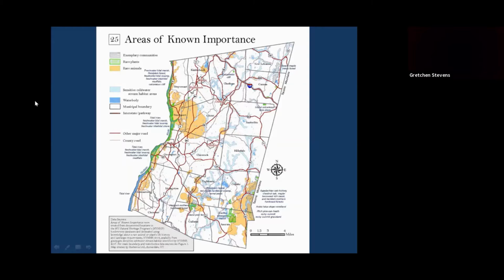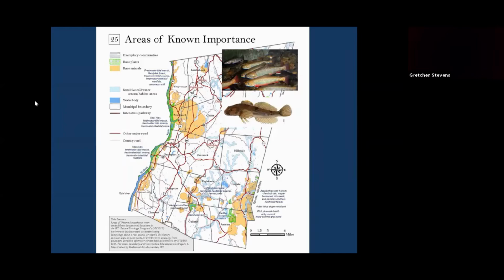The light blue corridors that you see along some of the streams indicate the places that may be most important for protecting our sensitive cold water stream habitats, the kinds of habitats that support trout and other aquatic animals that need clear, cold streams and that disappear from streams that have been subjected to thermal pollution or contaminated by, for example, fertilizers or pesticides, or by salt or sand washing off the roads.